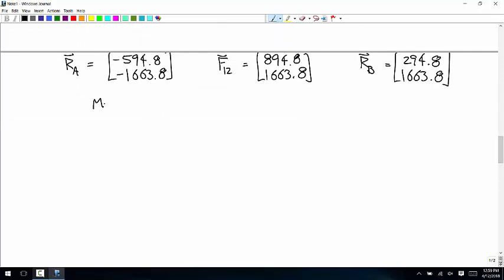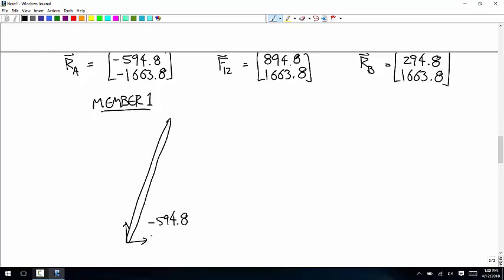So member 1 is this one. Down here we have the force negative 594.8, negative 1663.8.